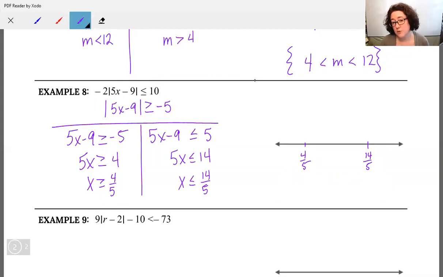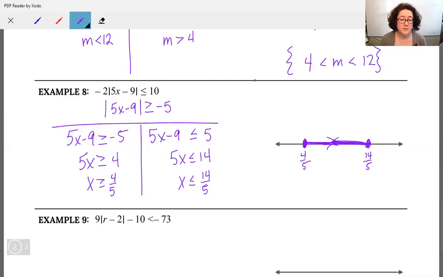If we're looking at greater than or equal to or less than or equal to, what kind of circle, what kind of dot do we need to have? They have to be closed. So if we're doing greater than or equal to 4/5, we have a filled in circle shaded up, and x less than or equal to 14/5, filled in circle shaded left.